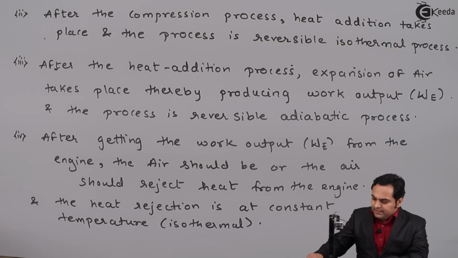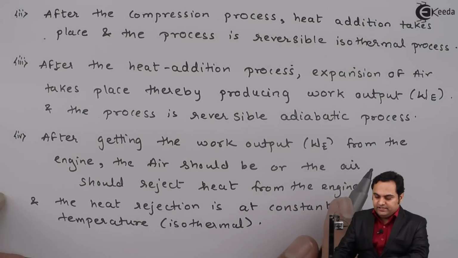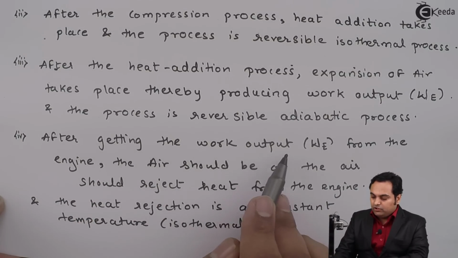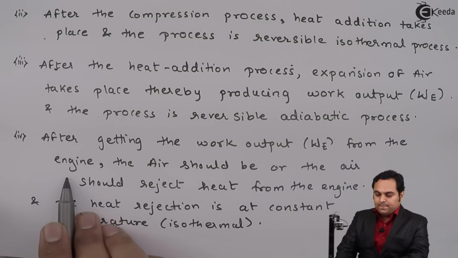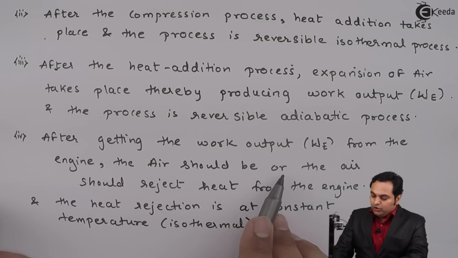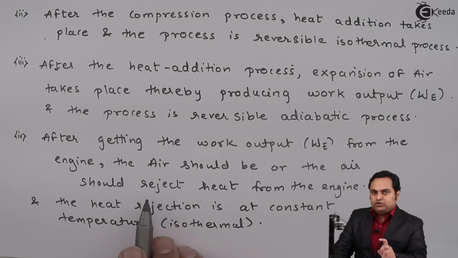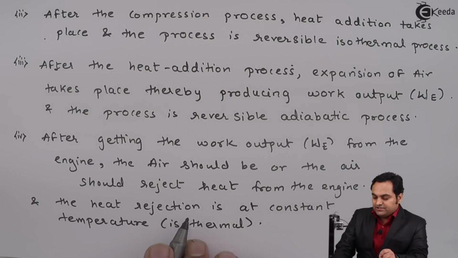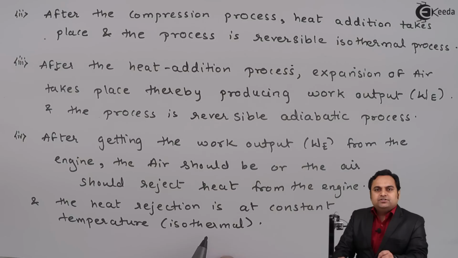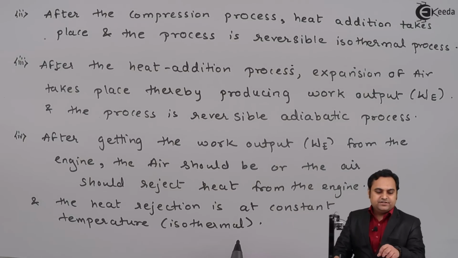So now, as I have written the fourth point, that after getting the work output, that is W suffix E, from the engine, the air should reject the heat from the engine, and that heat rejection is at constant temperature, that is isothermal heat rejection.